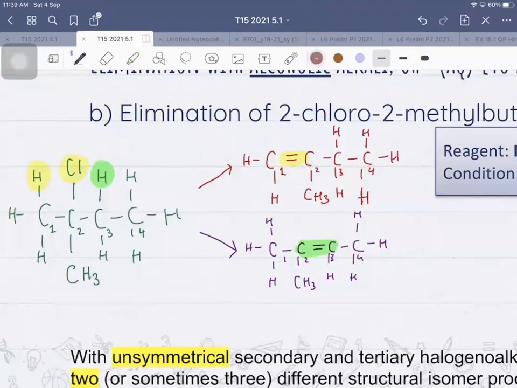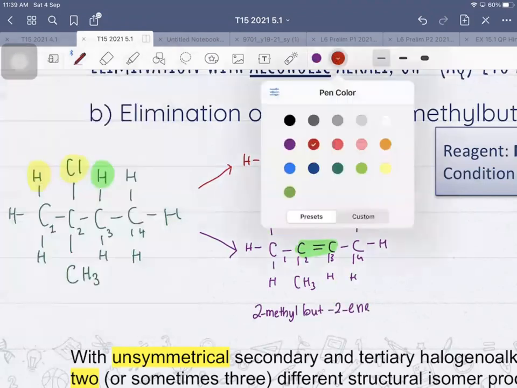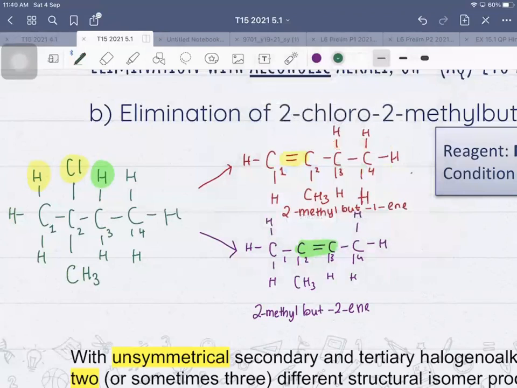So when we name this, the bottom molecule is called 2-methylbut-2-ene, and the top molecule is called 2-methylbut-1-ene. Okay, plus other stuff, as you all know, plus H2O and Br minus.